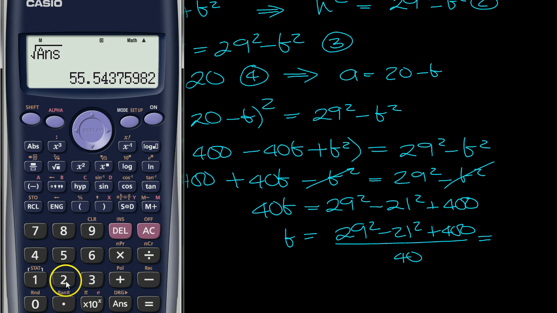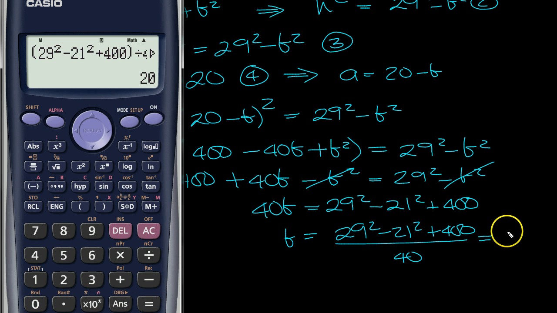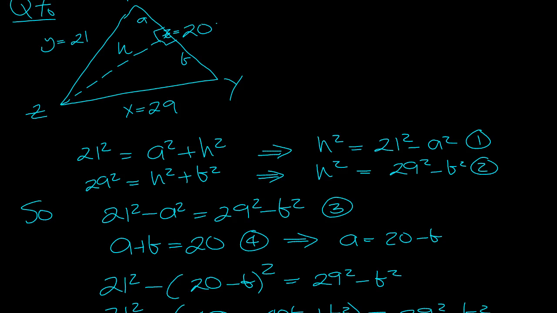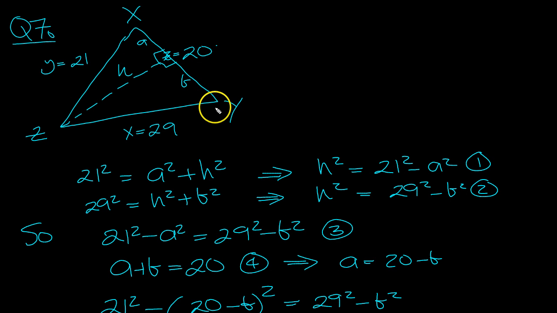Bracket on top, 29 squared minus 21 squared plus 400, close the bracket on top, divide by 40 underneath, single number, is 20. So A is 0, which is a bit strange. B is 20, A is 0, so it's a right angled triangle. So the height is 29.